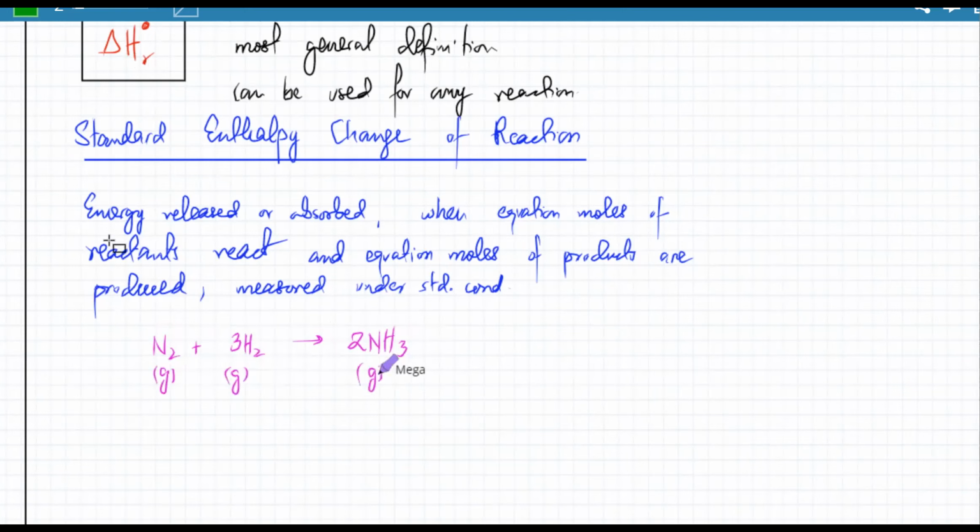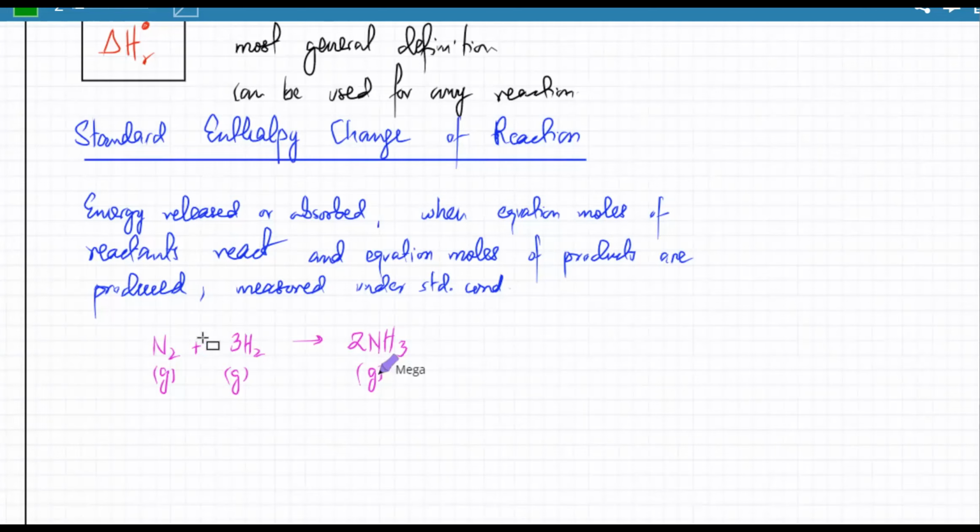So if I go in the lab, the equation says that 1 mole of N2 should react with 3 moles of H2. When I do a reaction, I could have taken any moles. I could have taken 200 moles of N2 and they would react with 600 moles of H2 and produce 200 moles of NH3.